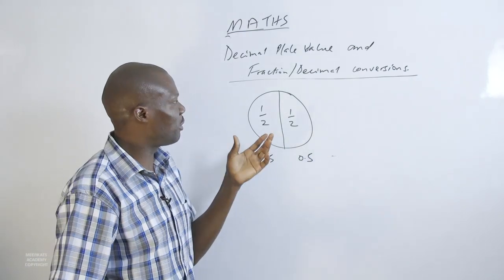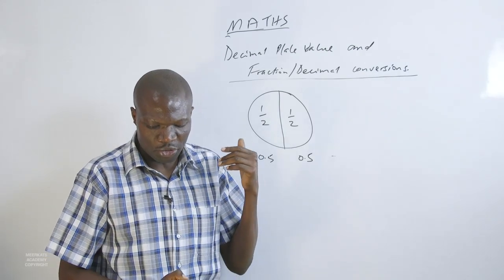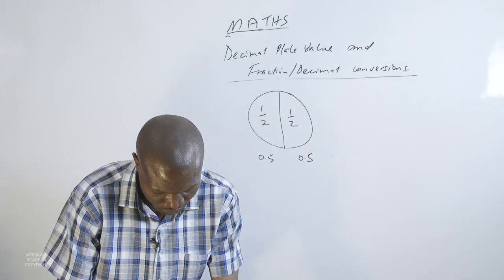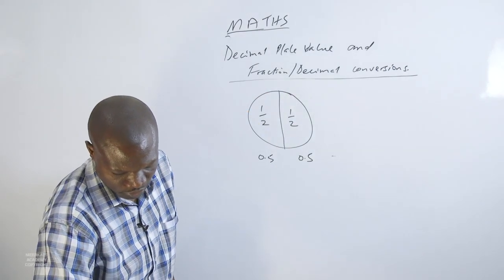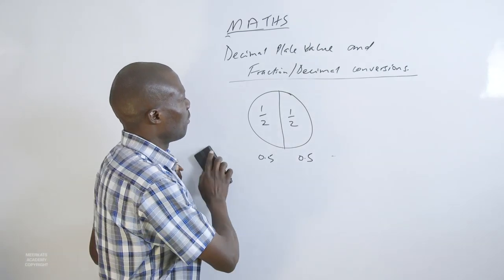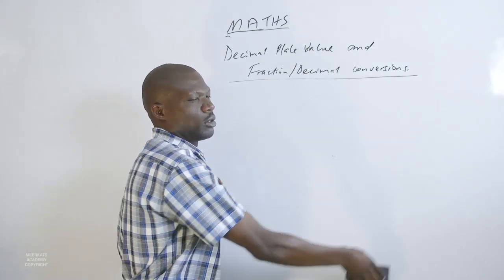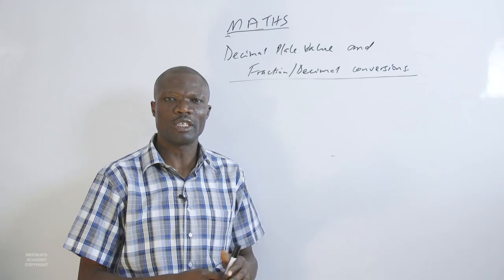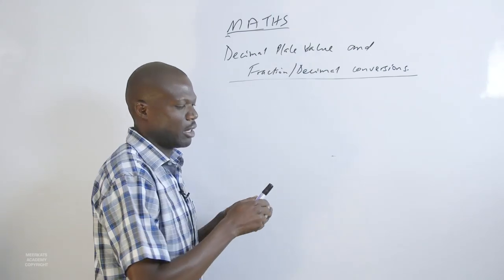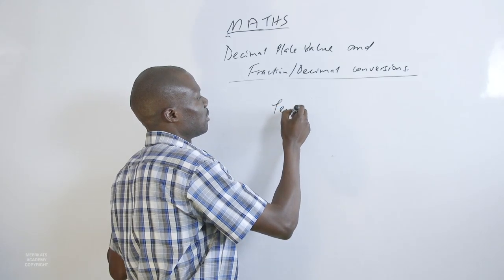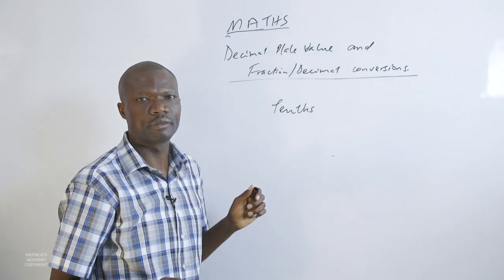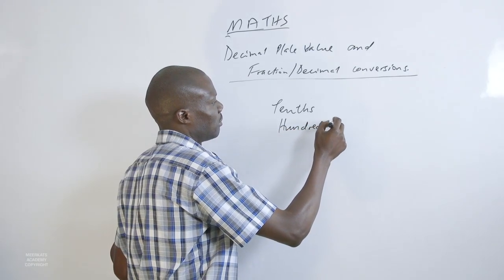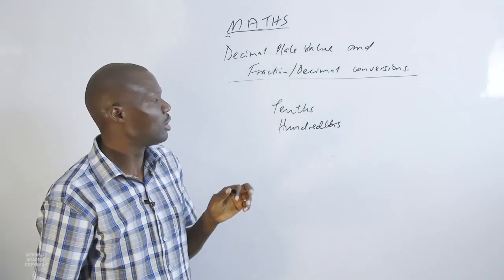So our interest first is to know how to label what we call place values. When dealing with decimals, place values will be extended to start involving names like tenths, hundredths, and so on.